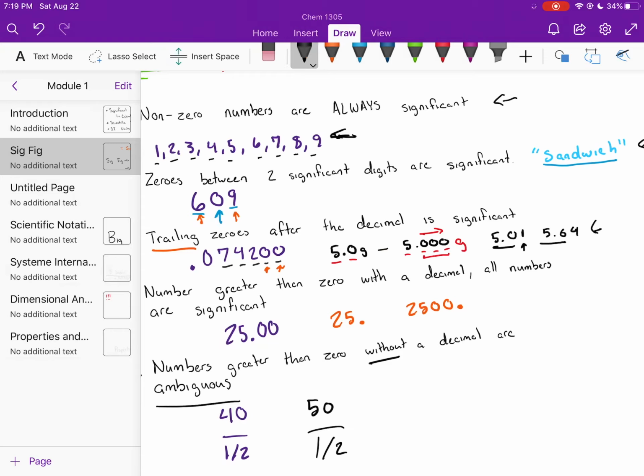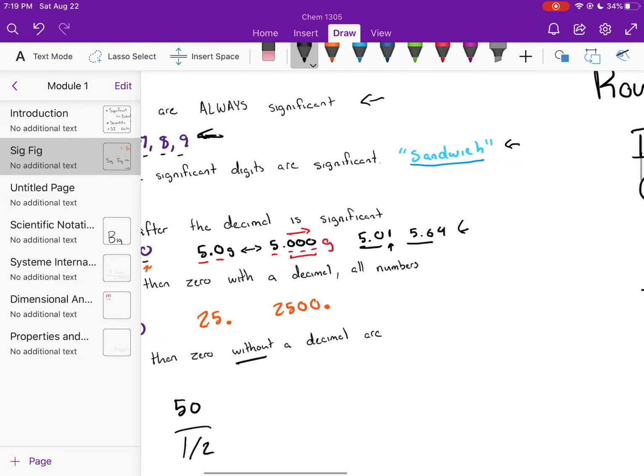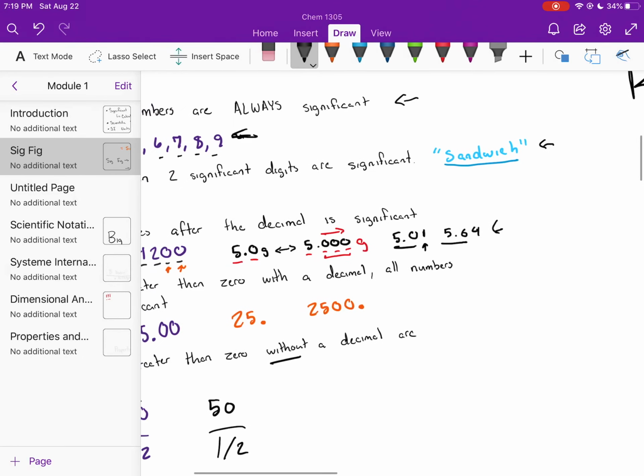And let's look at these two numbers. What's the difference between these two numbers? Well, because of something called rounding, we know that this number is more specific, because we don't know if this number is actually 5.01, 5.02, or even 4.99, right?